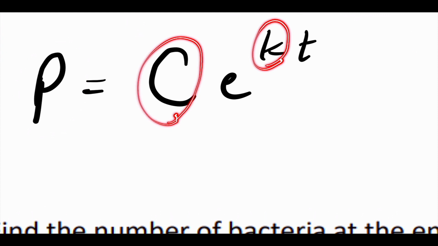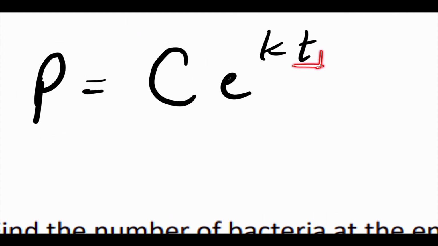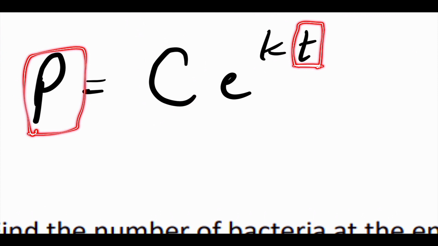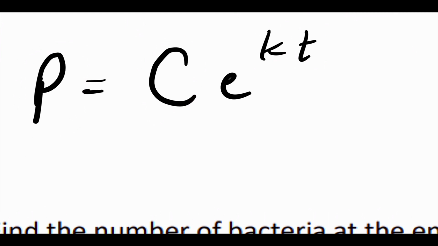I don't know that. This is my independent. This is my dependent, right? Those guys can stay that way, because they're the X and the Y. But besides those, there's two things I don't know that I need to know. This guy here and this guy here. E is just a value. We know what E is. So I have to find what those two guys are before I'm done with my equation, right?